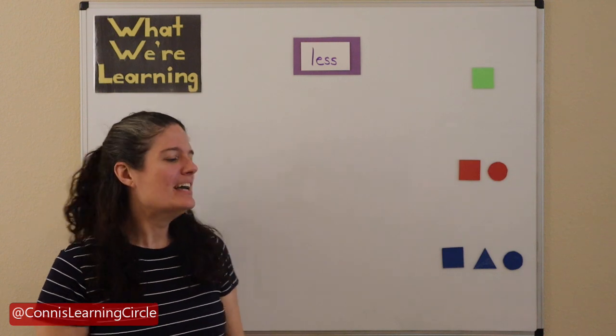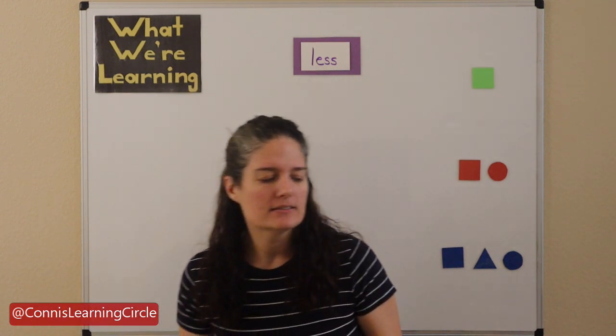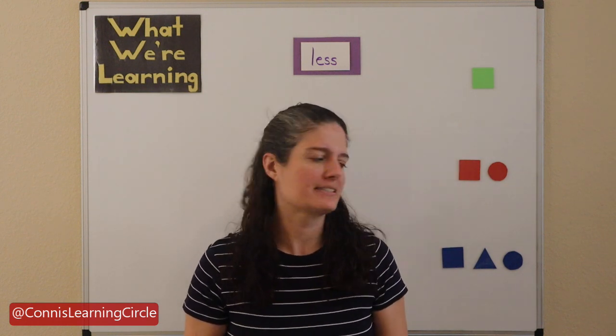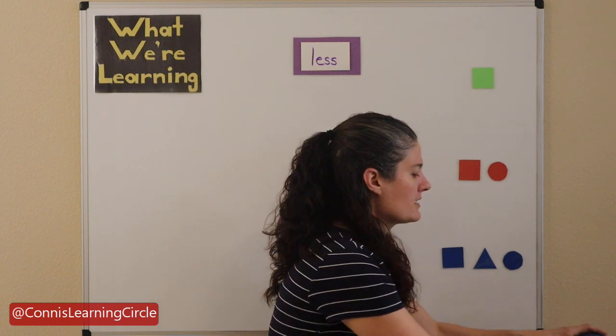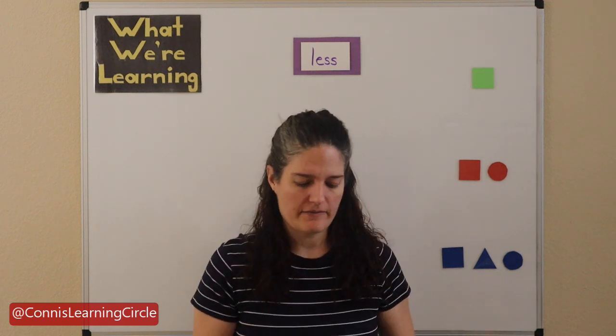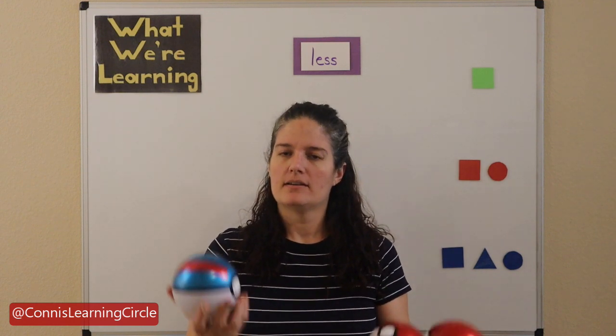Very good. I have a few toys for us to look at and compare and see which one has less. Let's start with, I have a couple of Pokeballs here. In this hand, I have how many Pokeballs?